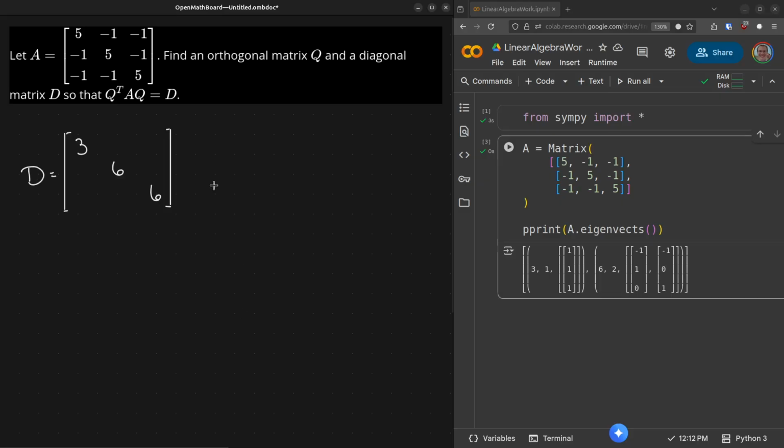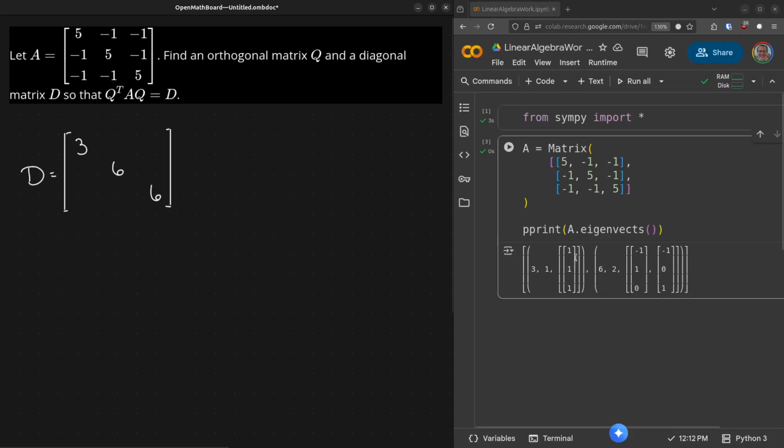Now, I know the columns of matrix Q are going to be eigenvectors of matrix A. What I need to make sure is that they are orthogonal to each other and normalized. So they need to be unit vectors and they need to be orthogonal to each other. All right. Now, when I have a symmetric matrix, vectors in different eigenspaces are guaranteed to be orthogonal to each other.